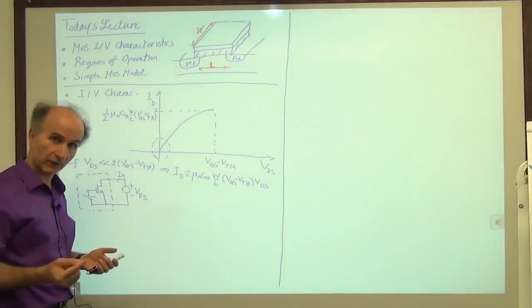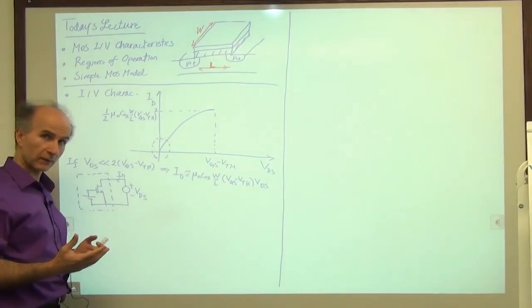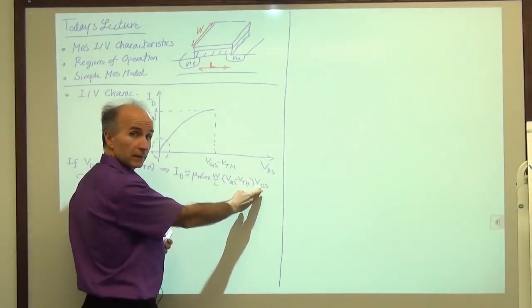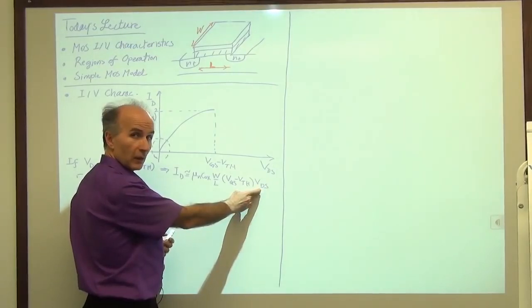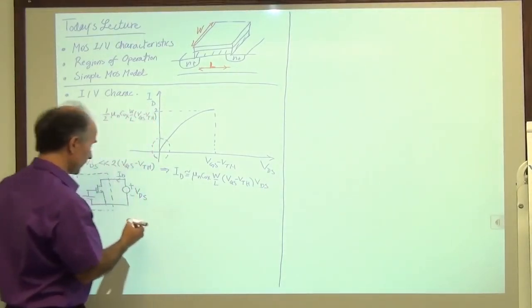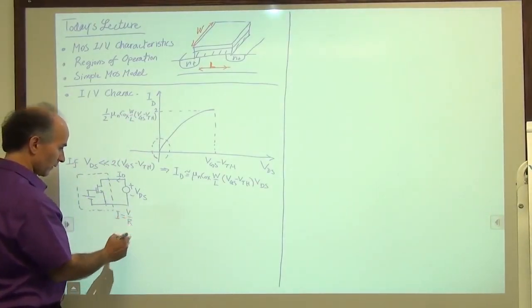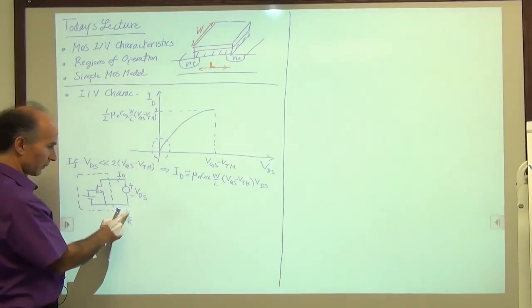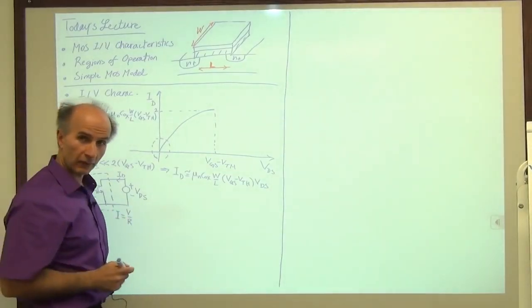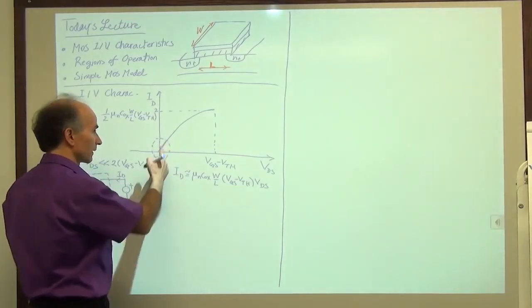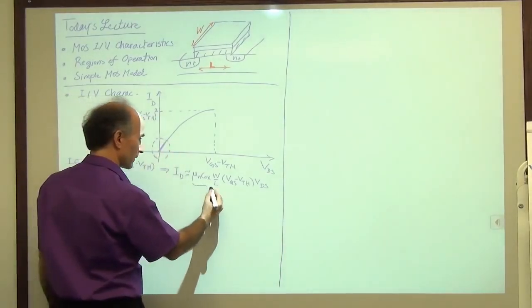Okay, a linear resistor. How do we find the value of the resistor? Well, if you plot ID as a function of VDS, then the slope has to be inverted to find the resistance, right? You know that we have I is equal to V over R. So the inverse of the slope gives us the value of the resistance. So we find this slope and invert it. This slope is how much? This slope is this much, right?